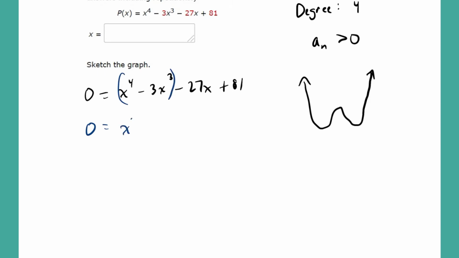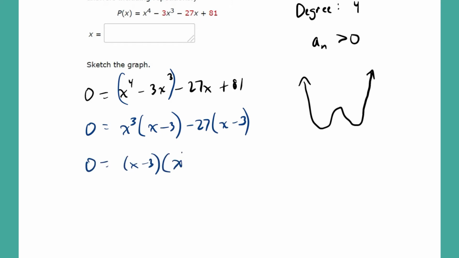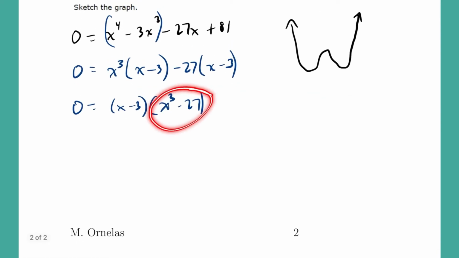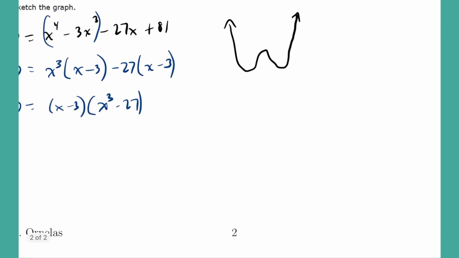Once again, we're going to have to factor by grouping. So if we do that, we're going to group x cubed, x minus 3. Here we're going to take out a -27, x minus 3. And then we factor out the x minus 3 binomial, and we get x cubed minus 27. This is a difference of two cubes.